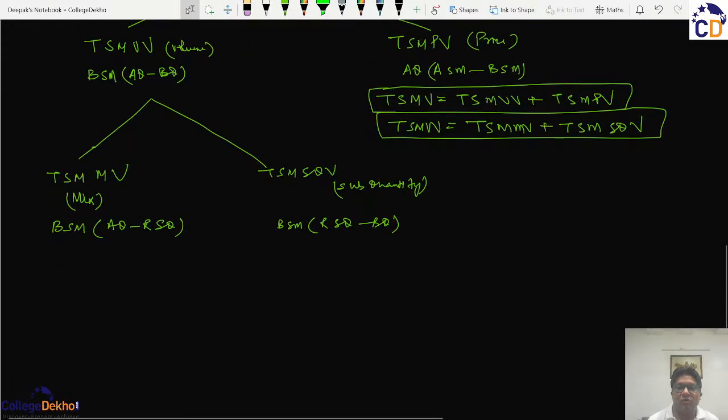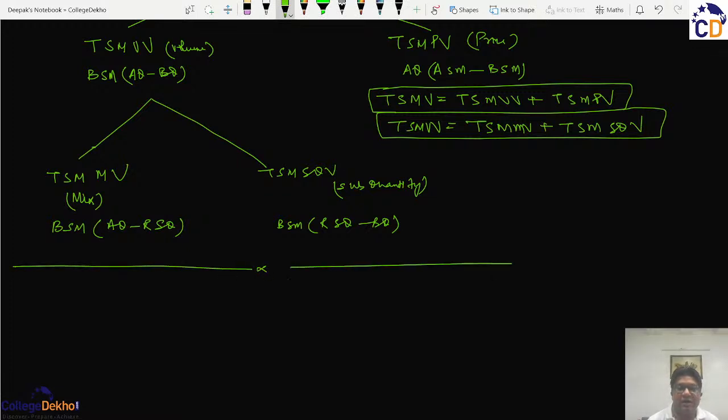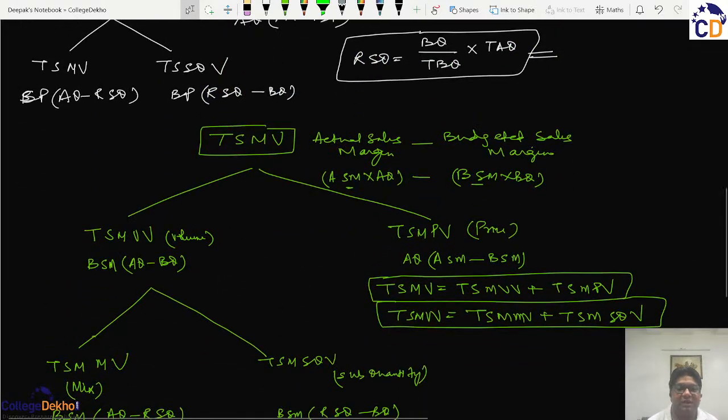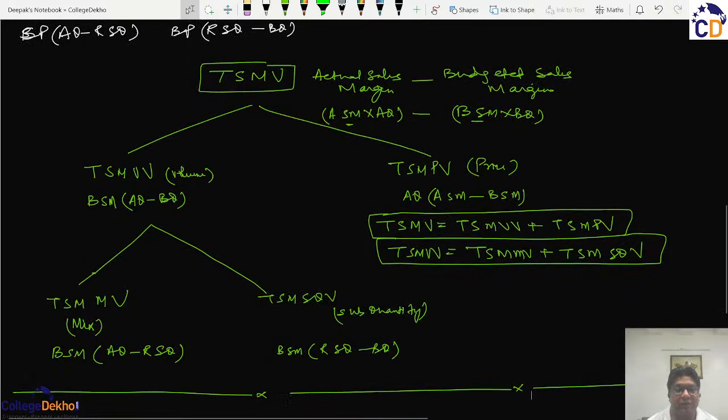Okay. So now if we take up the question here, when we calculate the sales margin variance, we can calculate for each product separately and then join it, or we can collect it together, but all others will be calculated separately because they will have different quantities and different sales margins.